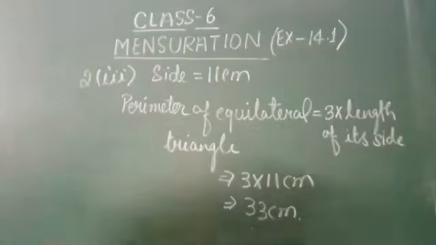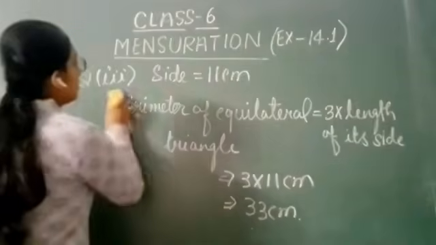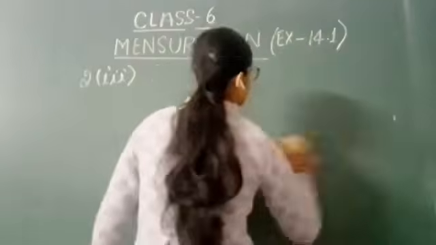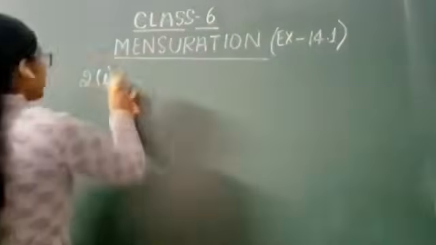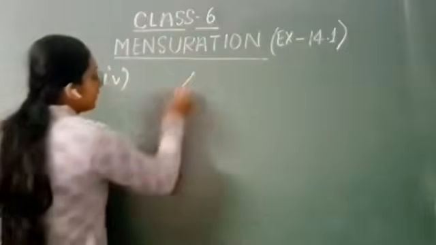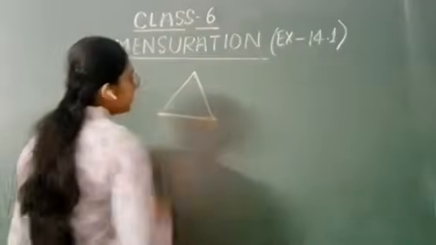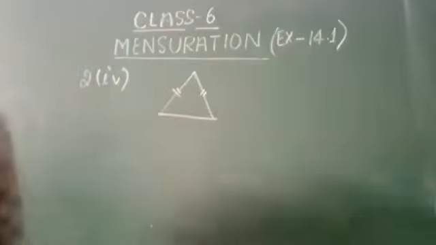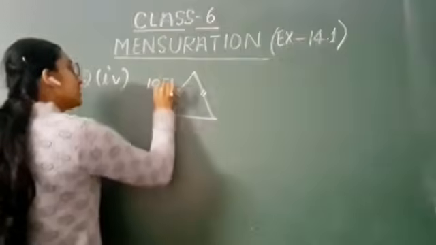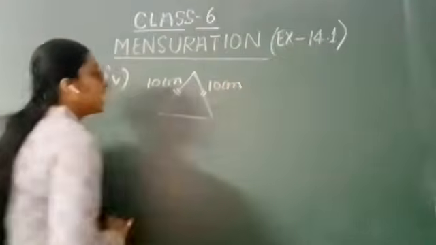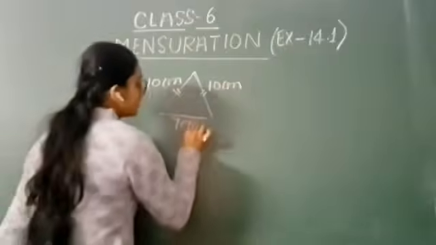So, in the case of the fourth part, if one side is given 10 centimeter, then another side will also be 10 centimeter, and the third side is given 7 centimeter.